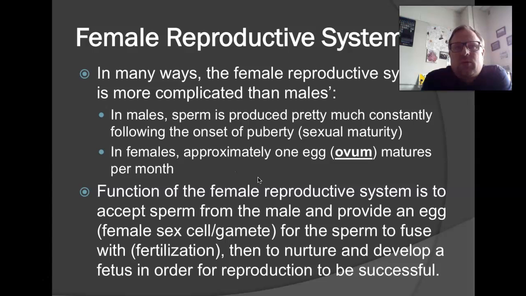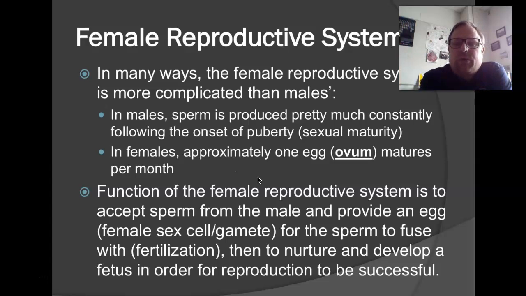So the female system is more complex than the male system in many ways because of the need to mature an egg rather than just create sperm, and in order to allow for a female to bear a child as well. That makes it more challenging in some respects, and there's a need for a more complex system.